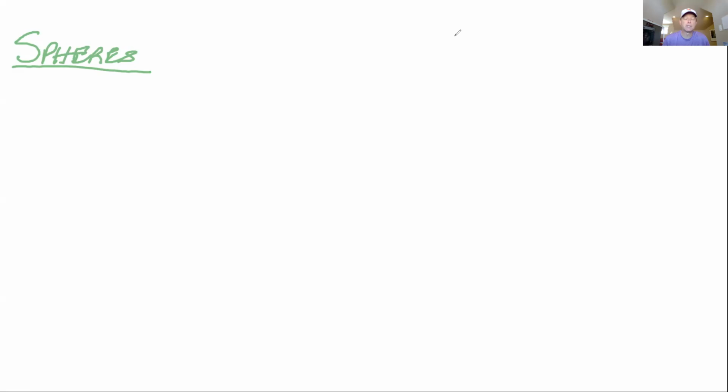So, okay, we're going to finish up today with spheres. And spheres are a little bit different. Here's a sphere, a basketball. What's different about a sphere when it comes to surface area and volume is that there's no base to this.